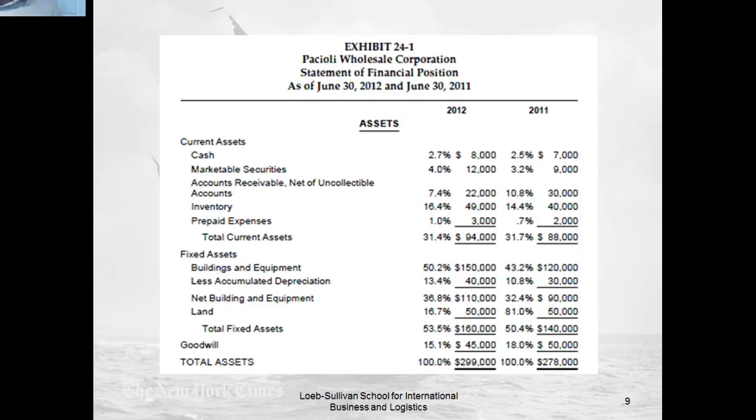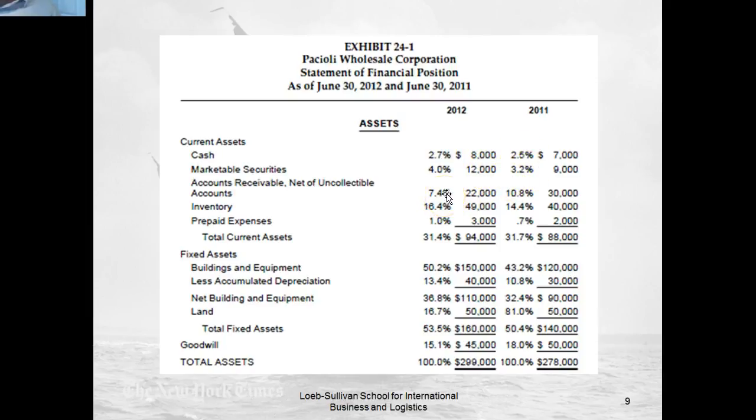Starting out with cash, you've got $8,000 in 2012 and $7,000 in 2011, and that 8,000 divided by 299, cash is 2.7% of total assets in 12 and 2.5% in 11. Pretty close to the same. As you go down here, you can look at these numbers, 4 and 3.2, not a big difference.